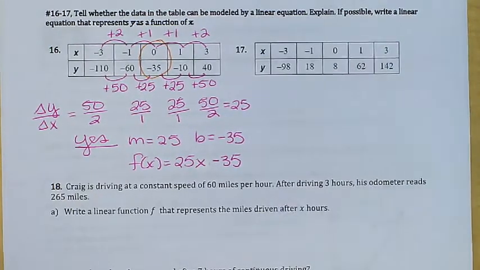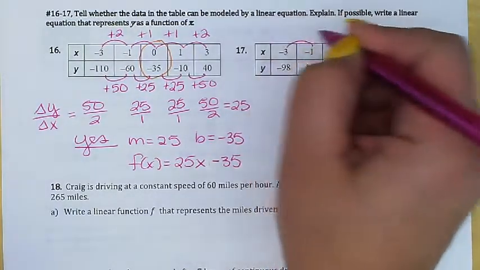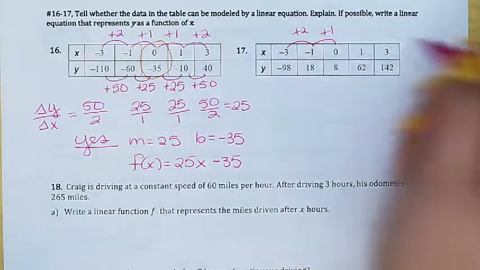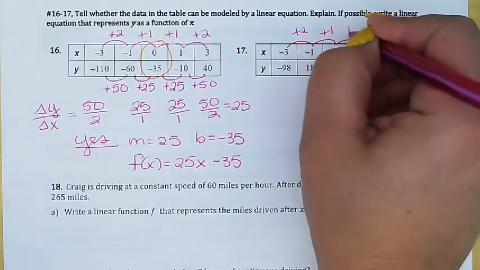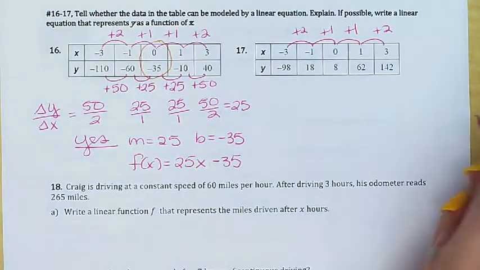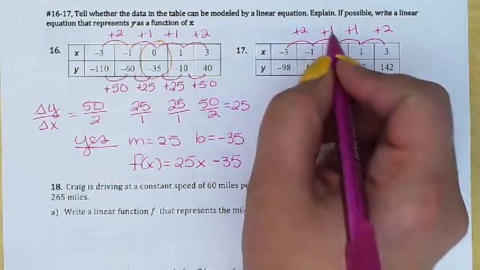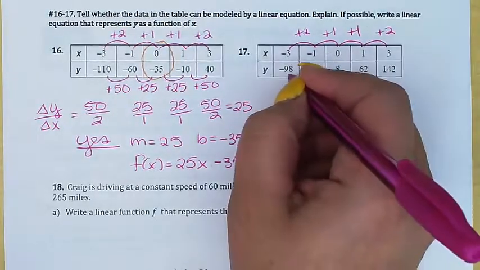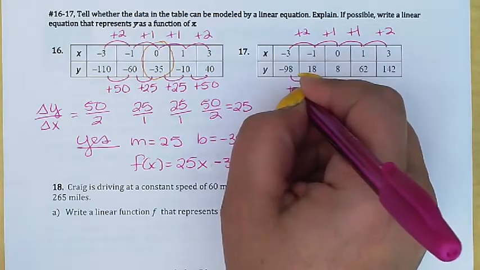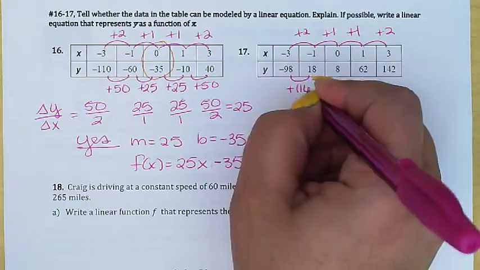Okay. Let's try the same situation here. From -3 to -1, that's an increase of 2. Then this is an increase of 1. Very similar. Increase of 1, increase of 2. And that's okay, because what really matters is how the y changed, and whether the ratio is still constant. So from -98 to 18, that is an increase of 116.